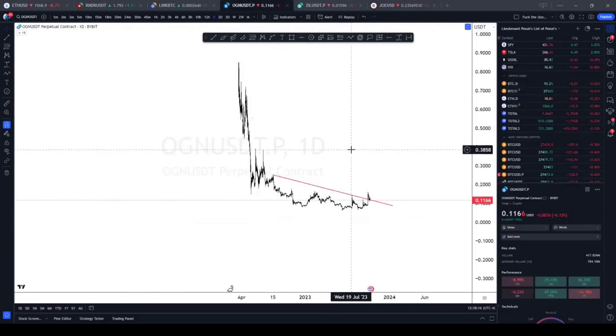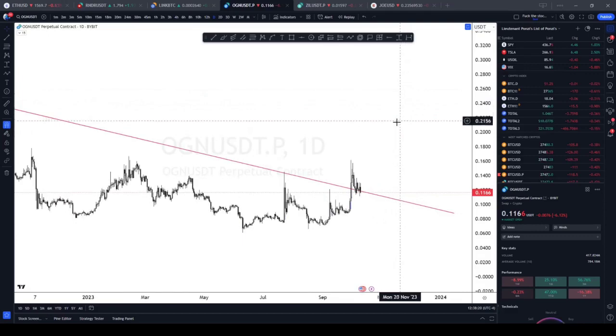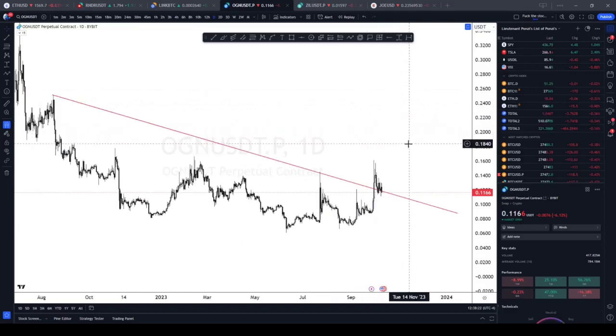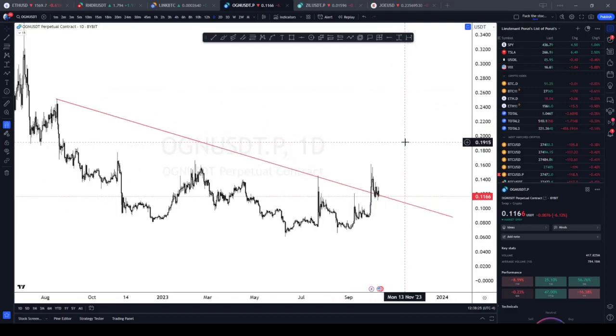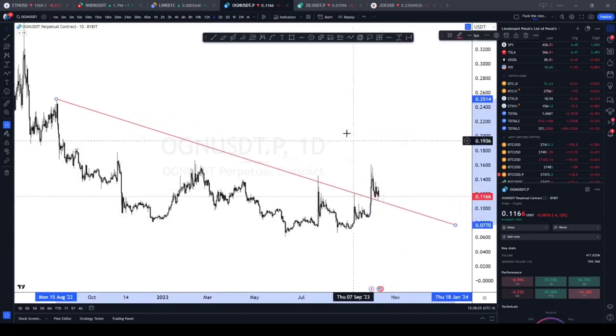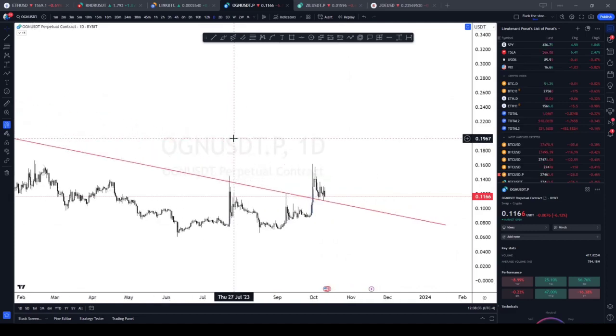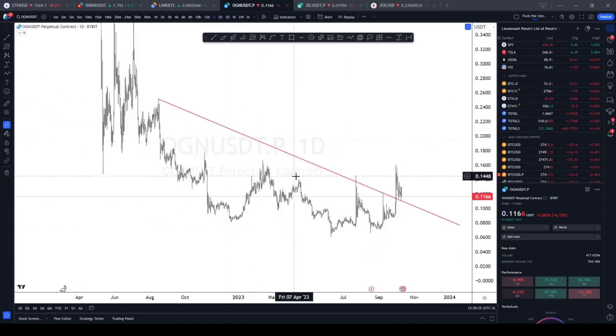All right, what did I miss? Did I miss anything? OGN was looking good yesterday. Looks like it's kind of rejecting right now. This one could have an impulsive move up.